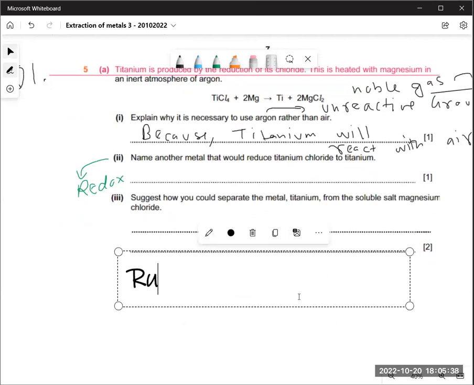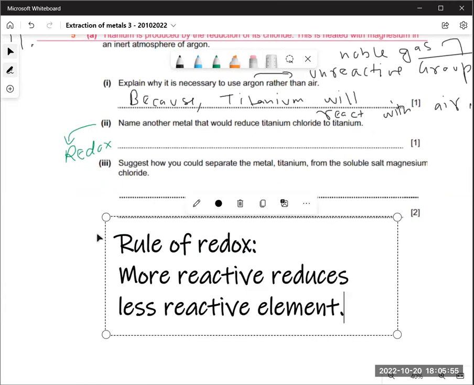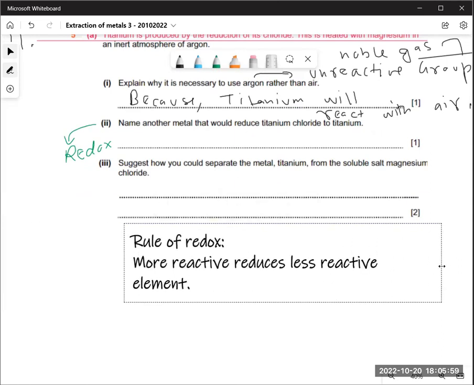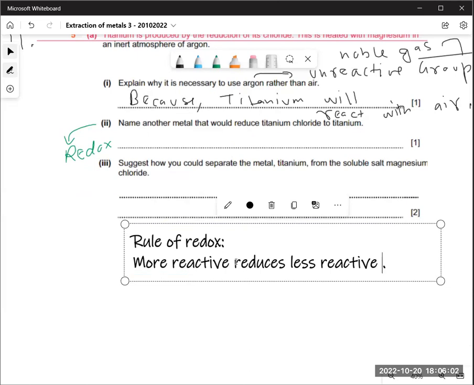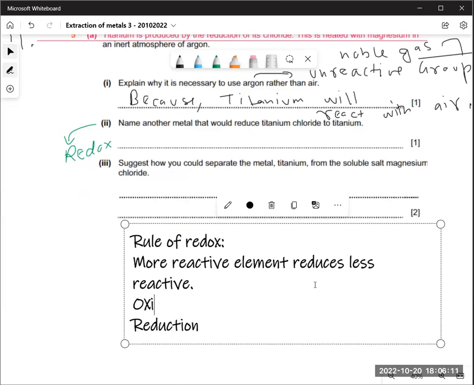Rule of redox: the more reactive reduces the less reactive. Redox means reduction and oxidation.